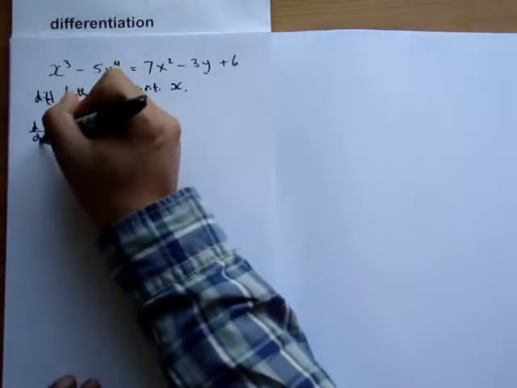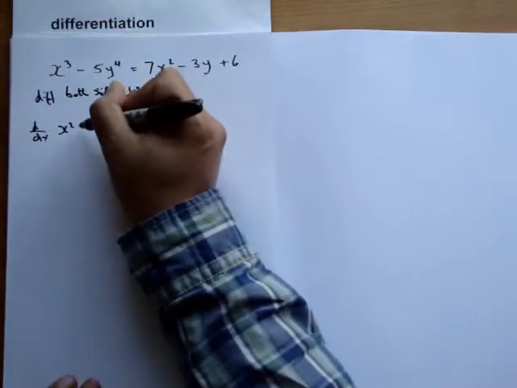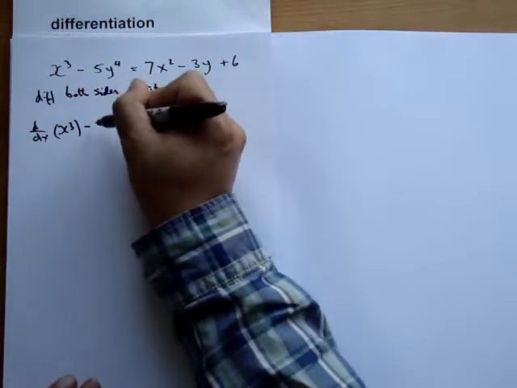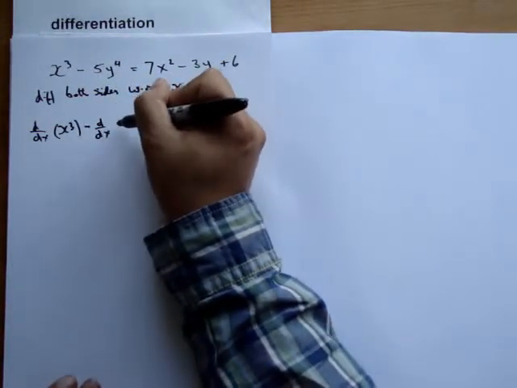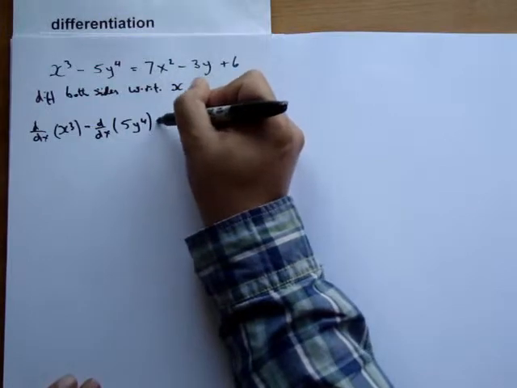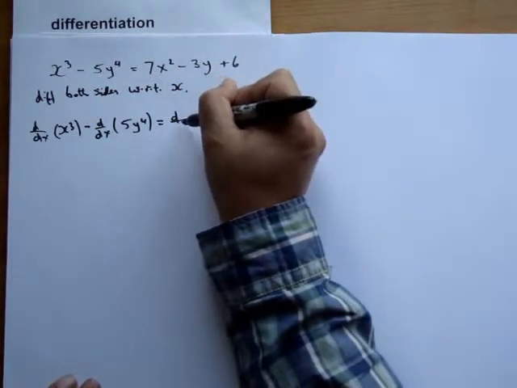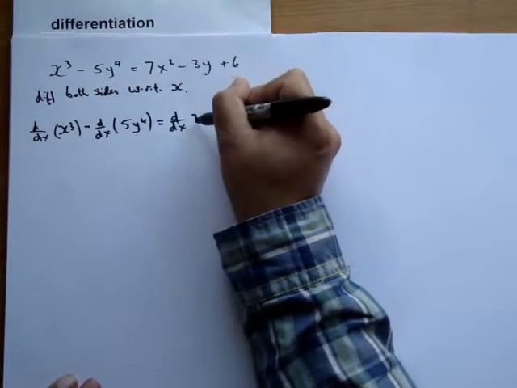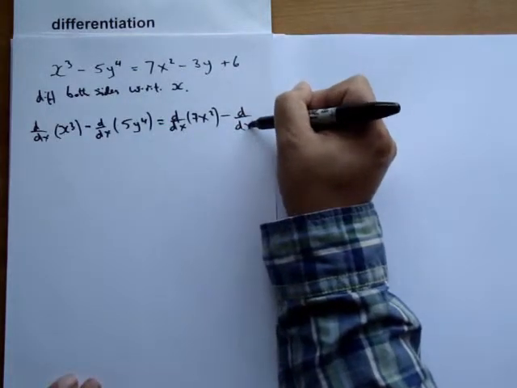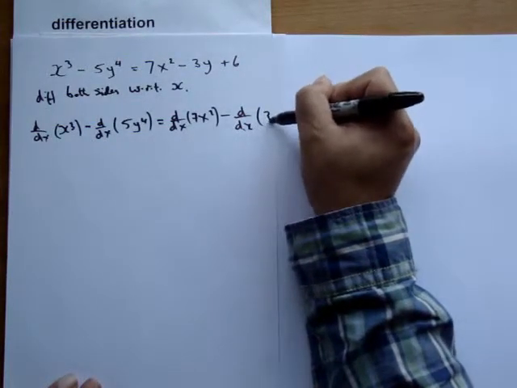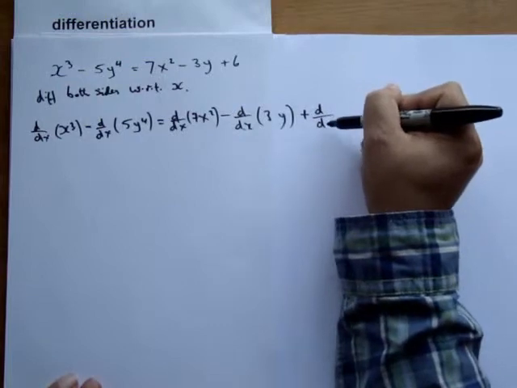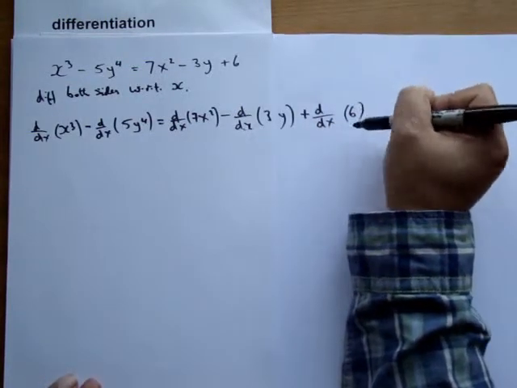So d by dx x cubed minus d by dx 5y to the power 4 equals d by dx 7x squared minus d by dx 3y plus d by dx 6.